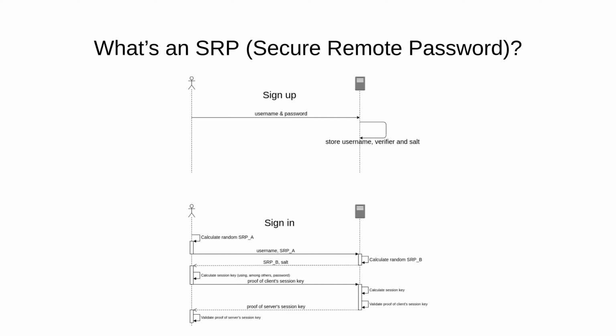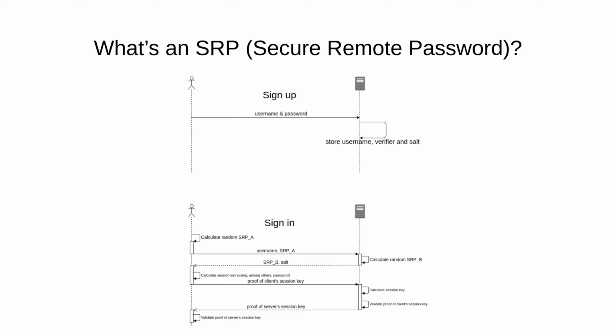What the server now does is it calculates the same session key by itself, having the values that it has at hand, and calculates the proof of that key as well, and then compares the proof that was sent by the client. If those two values match, then it sends this proof that it calculated to the client, and the client does exactly the same comparison.